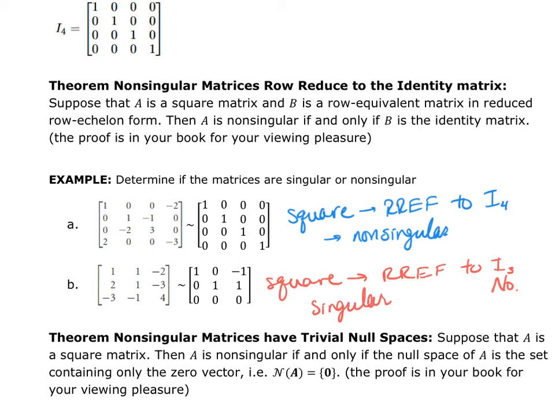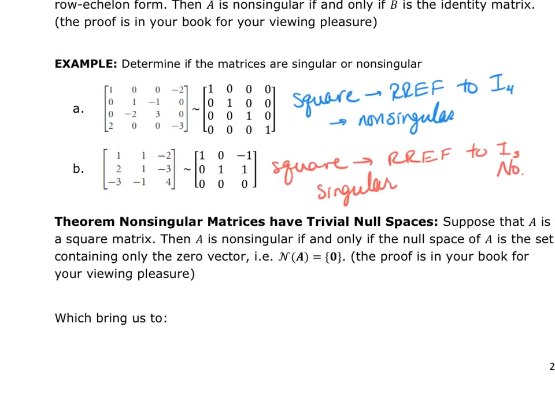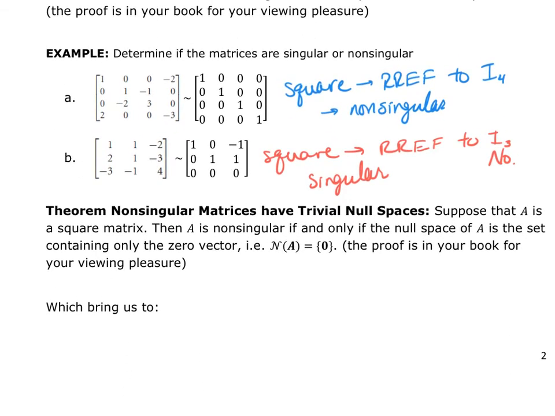Now, let's talk about this in terms of the null space. Suppose A is a square matrix. A is non-singular if and only if the null space of A is only the 0 vector. So if I take a look at my first matrix up here using that theorem, I know that each one of these pivots are the basic variables.